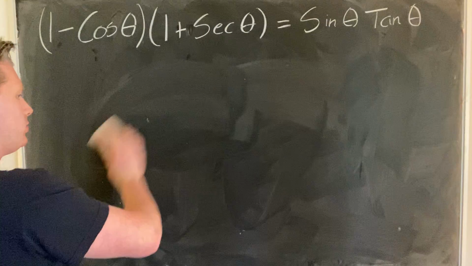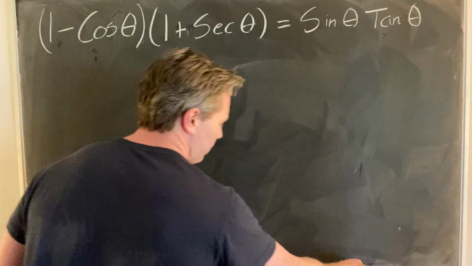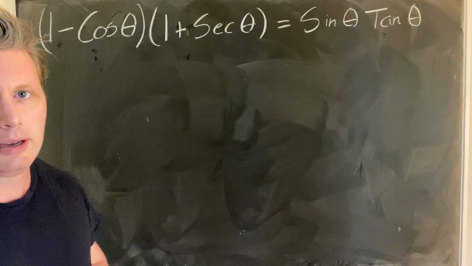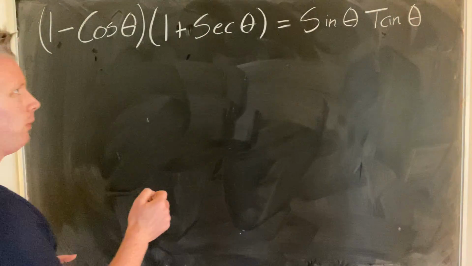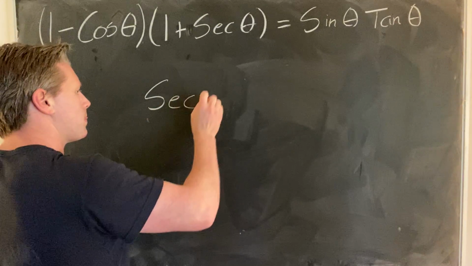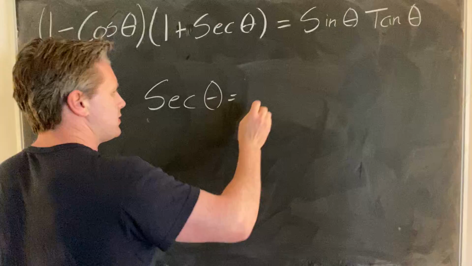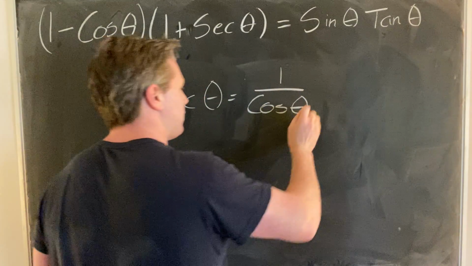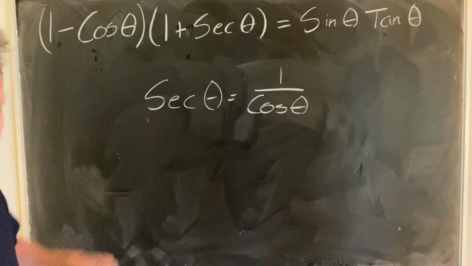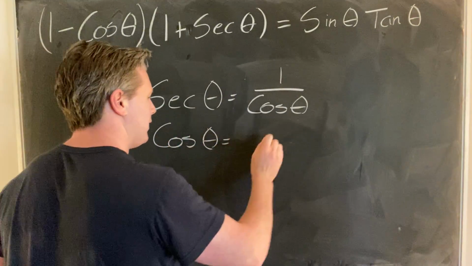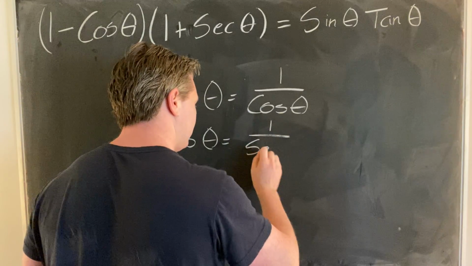And the third, just to mention it, because sec theta is in our question, sec theta is simply 1 over cosine theta. Okay, that's all it is. Of course, this is the same as saying cosine theta is 1 over sec theta.